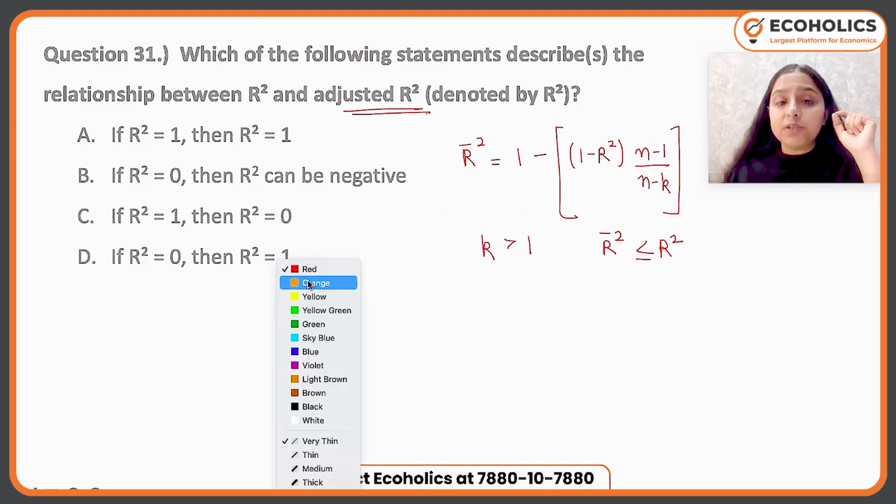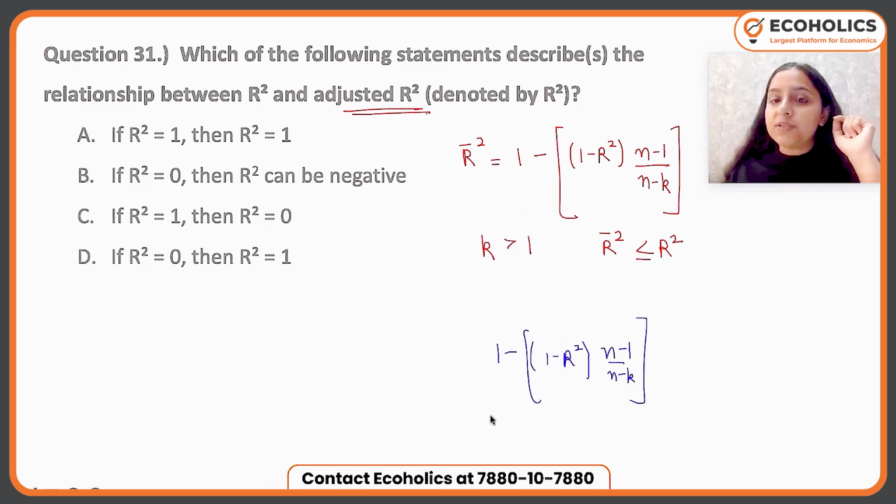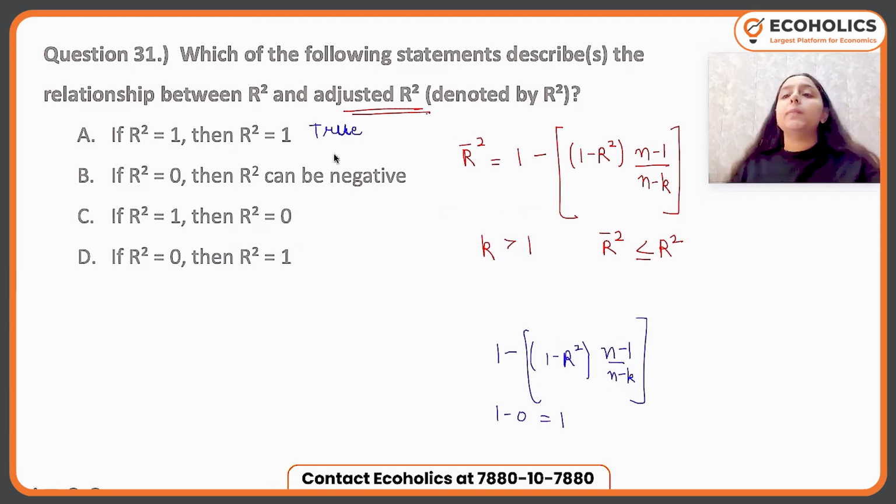A very simple thing you have to observe here is that if R square is 1, then in 1 minus R square, this bracket would be 0, because R square being 1 means 1 minus 1 is 0. So this will be 0, and 1 minus 0 will be 1. So this will be a true statement. And even if you don't do it mathematically, just understand it theoretically.